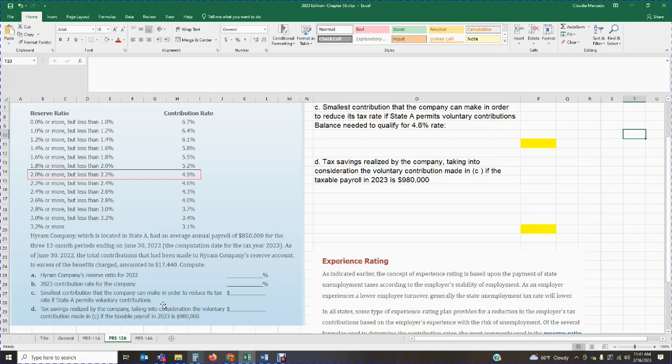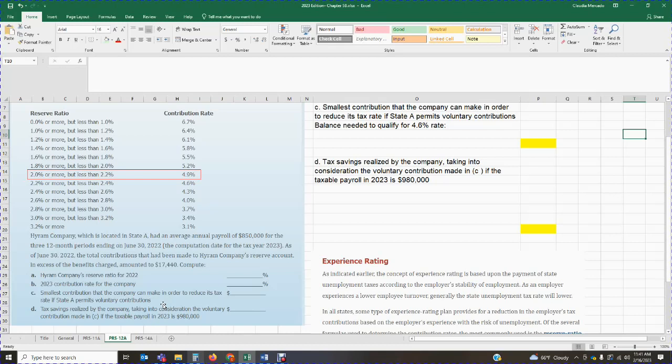But if you want to put more than that, to build a cushion in case something were to happen, the economy went bad, you had to let go of several employees, you can do that. There are some companies that permit voluntary contributions. What voluntary contributions do is build up your reserve.